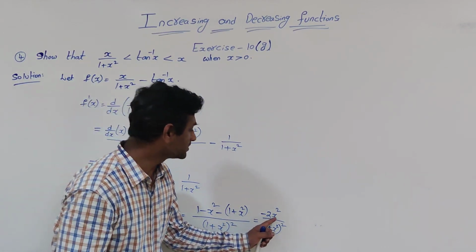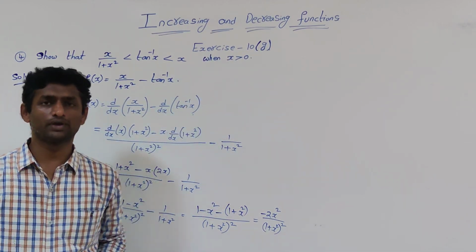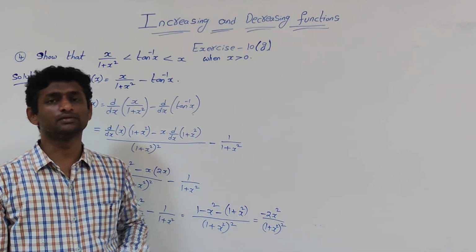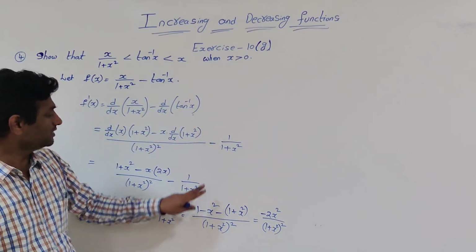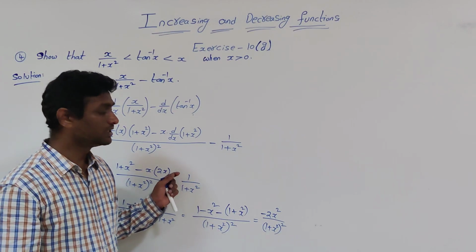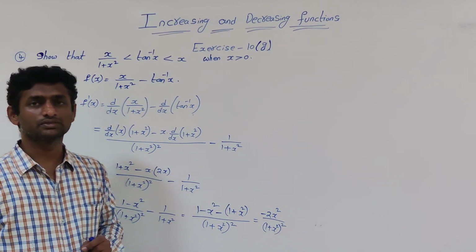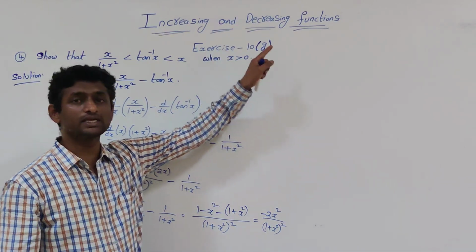The critical point is 0 only, but 0 is the end point, which is not in the domain. So for this function there are no critical points, and there is no need of dividing the interval into subintervals. Now choose a point greater than 0.